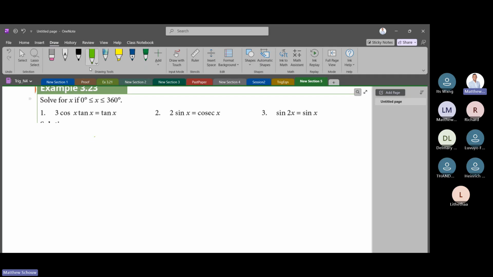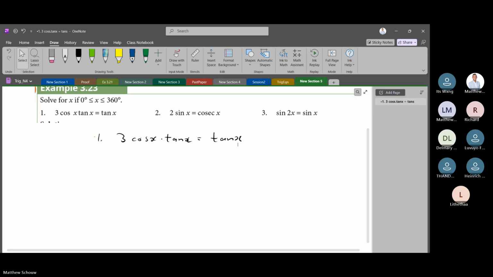So number 1. This one is all the same stuff, just now I'm trying to make it a bit more fancy. Add some spice. With these problems, you ideally want to work with one ratio.